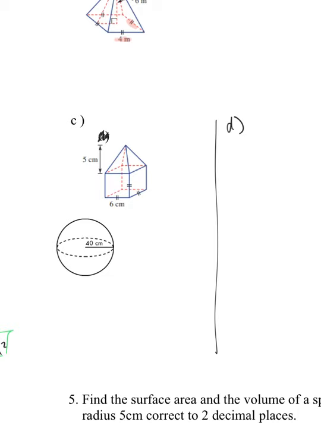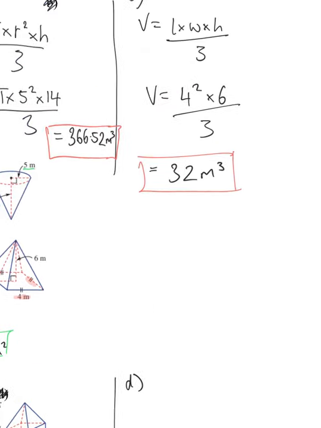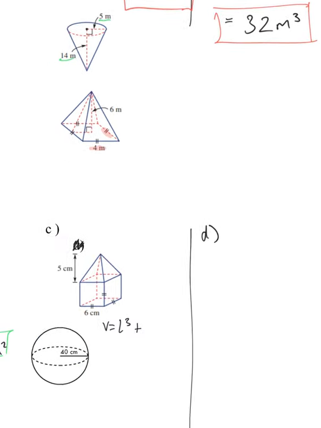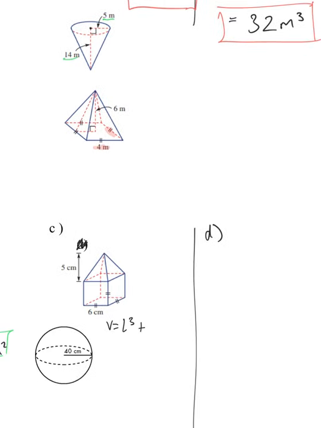All right, so to find the volume of a cube, that's going to be the length times the width times the height, which in this case it's all the same, so length cubed, plus the volume of our pyramid. We just did that. It's length times width times height on 3.